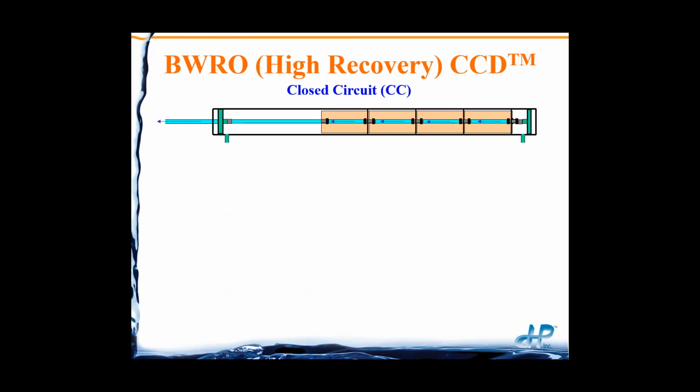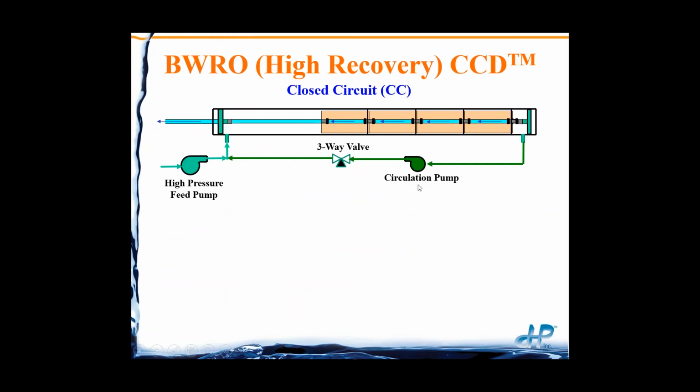So here is a pressure vessel, and it has 4 membrane elements in the pressure vessel, has the standard high pressure pump feeding it. But here's a big difference: now the concentrate brine or reject from the pressure vessel will go to a circulation pump, in this case showing a 3-way valve, and this is going to recirculate.